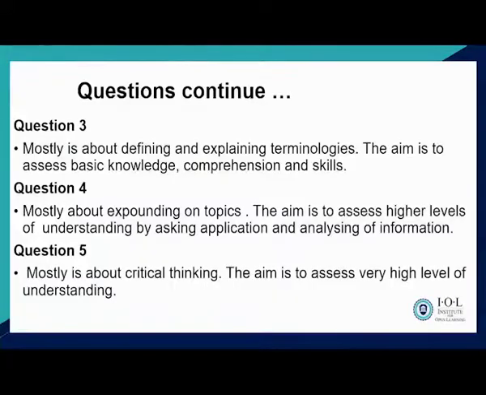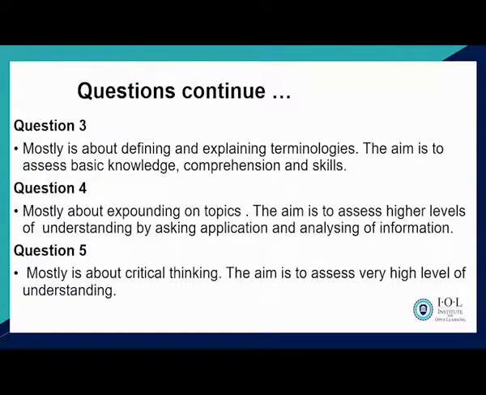Question 3 is mostly about defining and explaining terminologies. The aim is to assess basic knowledge, comprehension, and skills. Question 4 is mostly about expounding on topics.